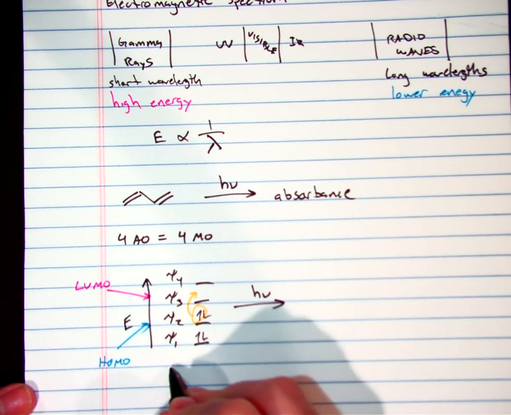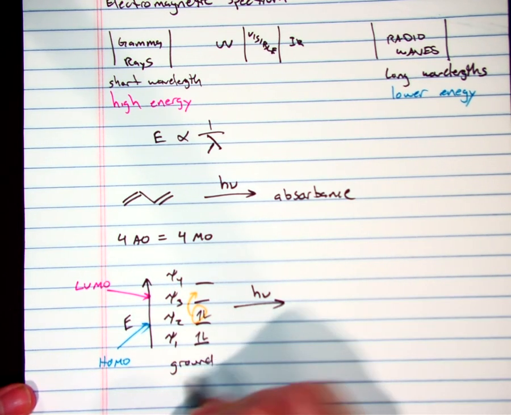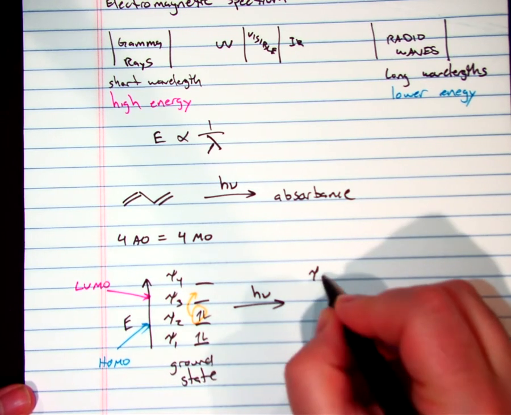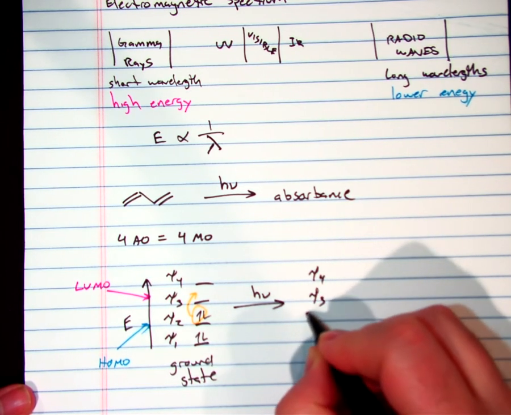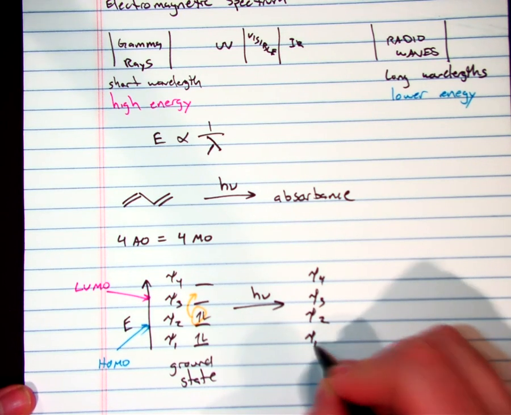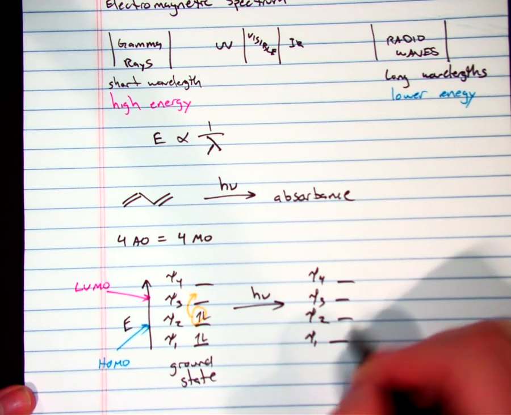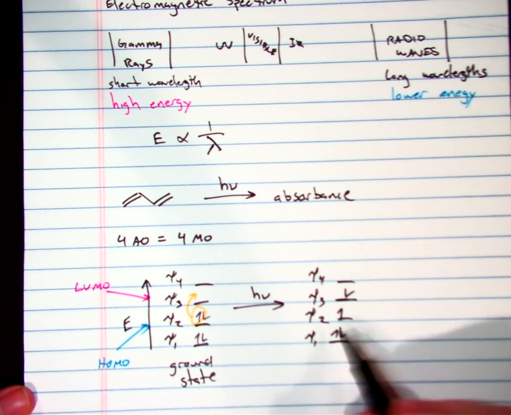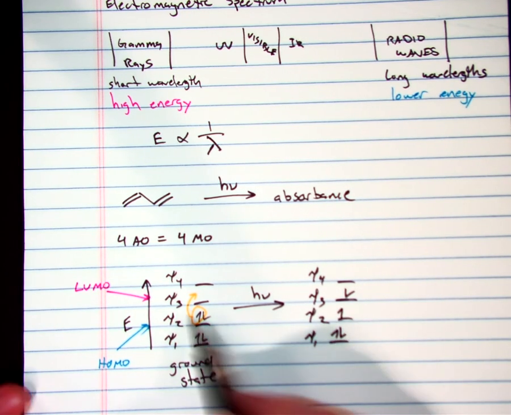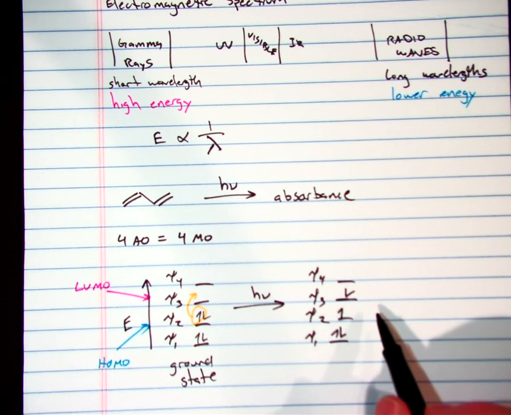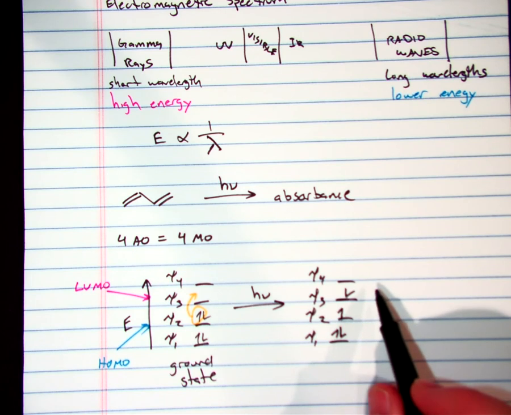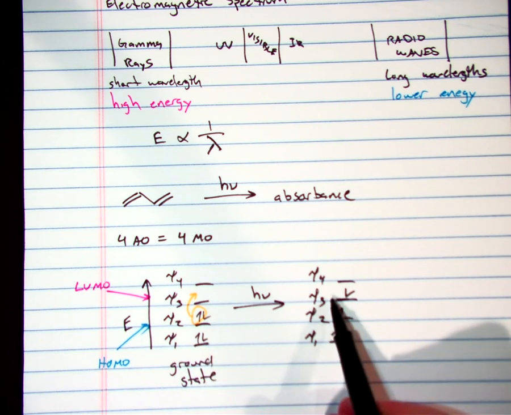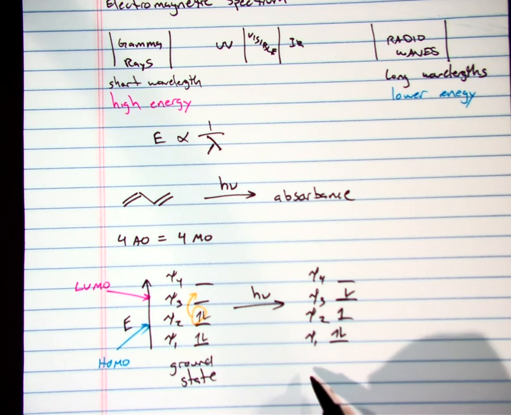So what we start off with is something called the ground state, and after we shine light on this, we end up with an excited state. So we could have a case like this, where now one of those electrons that was in psi 2 is now sitting in psi 3. So that energy was being absorbed by the system, and that electron was promoted up to that higher energy state.